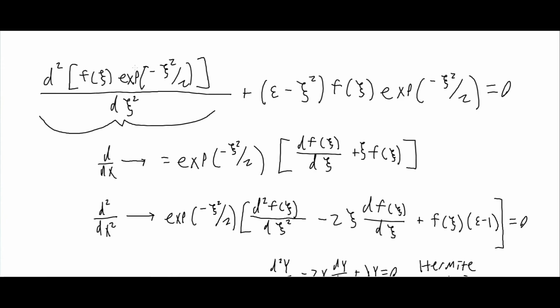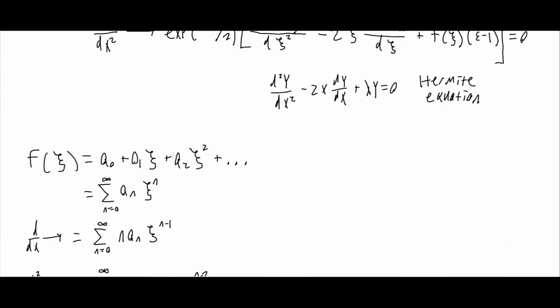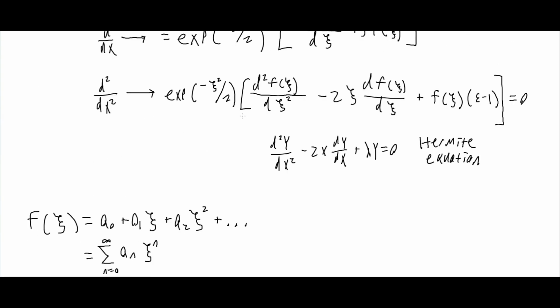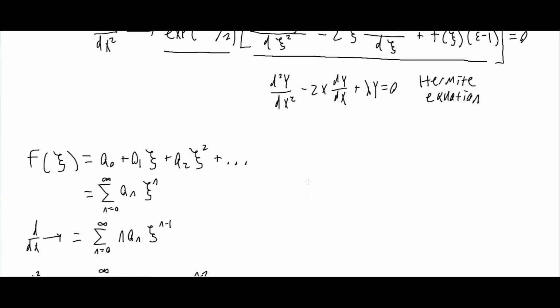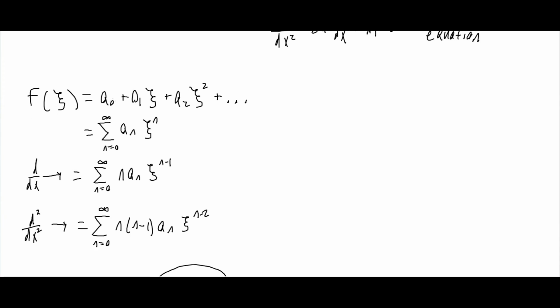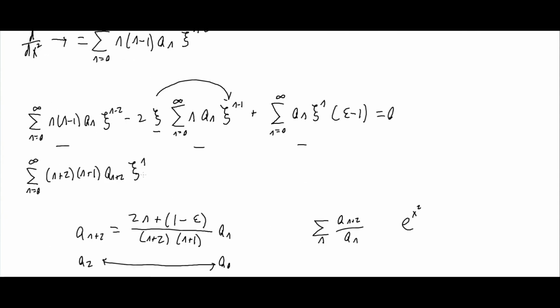So we plugged that into the differential equation. We differentiated twice, and we got it in this form right here, which is the form of the Hermite equation times this Gaussian right here. And we said that it was going to have a solution that looked like a power series like this. Then we differentiated that power series twice.